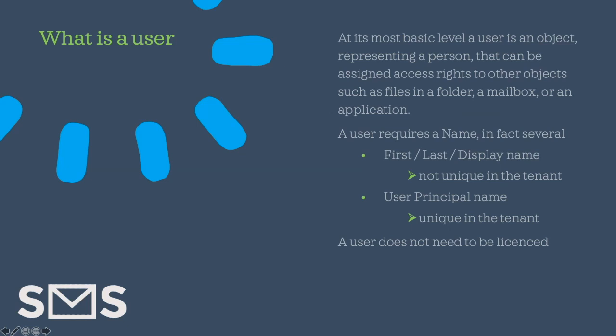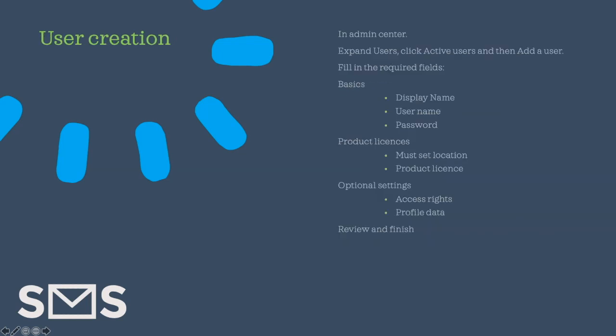However, the display name can also be different. The unique identifier for a user is actually its user principal name in the form of an email address, which is used to distinguish the user and is also used as the login credential. As stated above, a user can be created that is not licensed. Next slide, please.